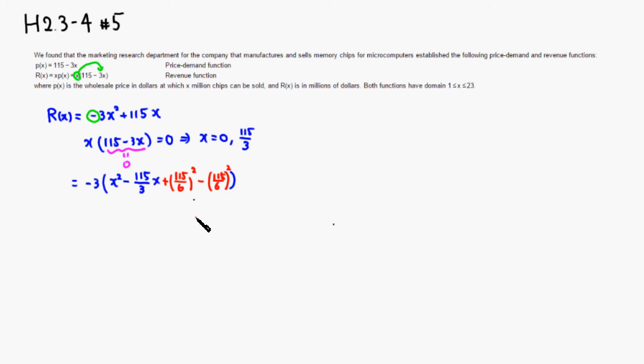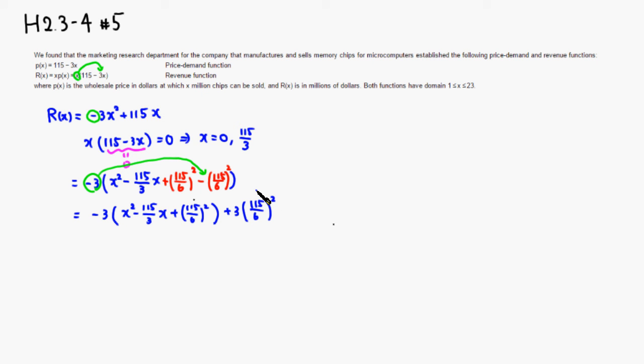Then we can complete the square. So you have negative 3, then the first three terms, x squared minus 115 over 3 x plus 115 over 6 squared. Don't be discouraged by the ugly numbers. Then I'm going to distribute the negative 3 to the last term, so that's going to be positive 3 times 115 over 6 squared.